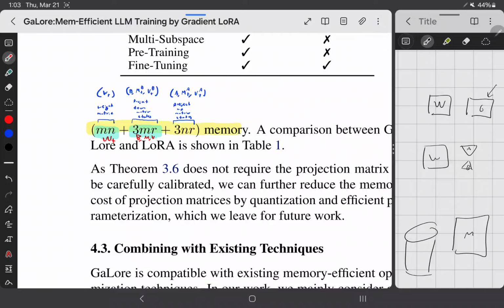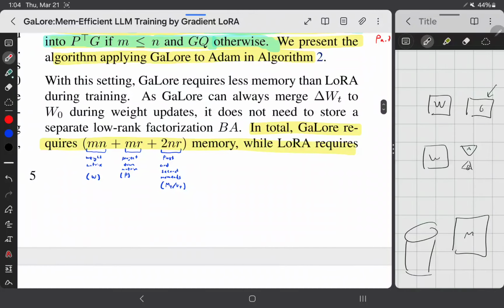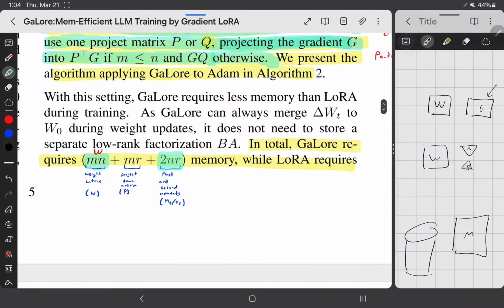So this is B, the momentum and the variance, or the first and second moments. And we also need to store A, M, and V for the two moments of A. Now in this case, we only have one weight matrix. This is W. Now, we also have to initialize the two moments. So these are the two moments for W.